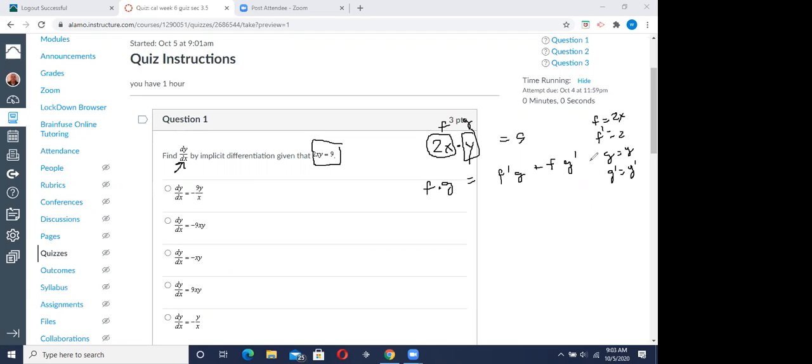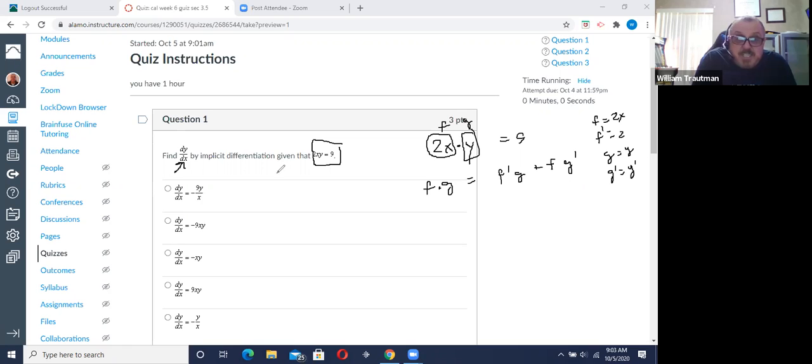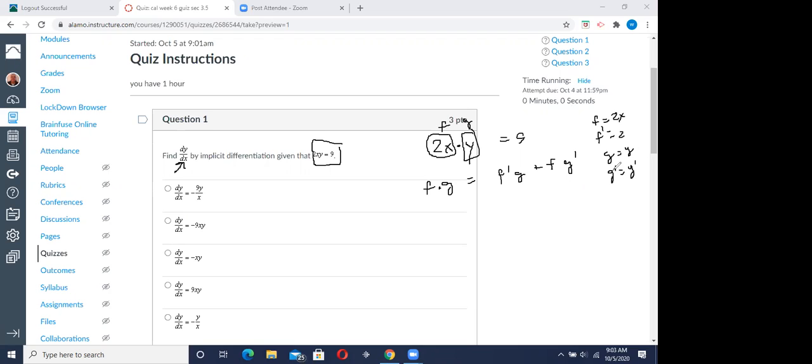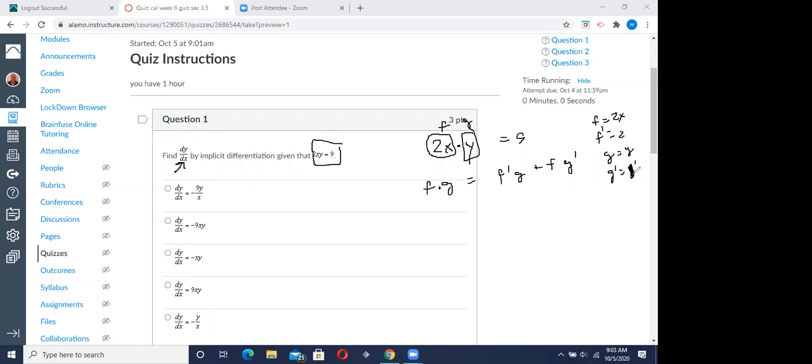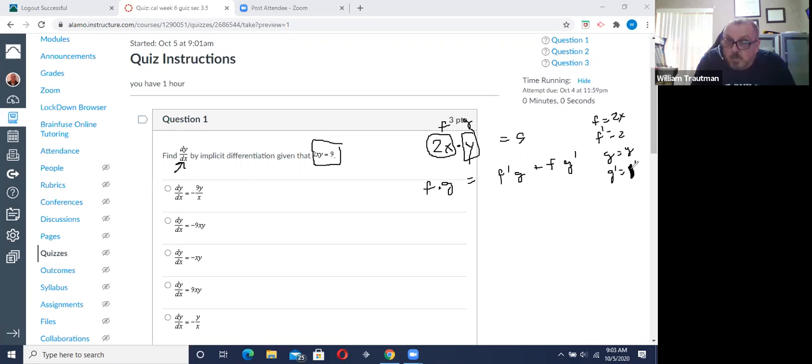By the way, we're taking the derivative with respect to x. The derivative of y is just y prime.